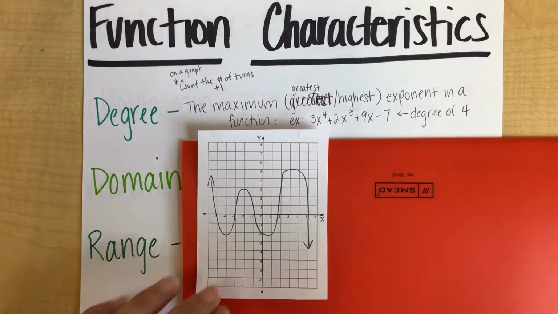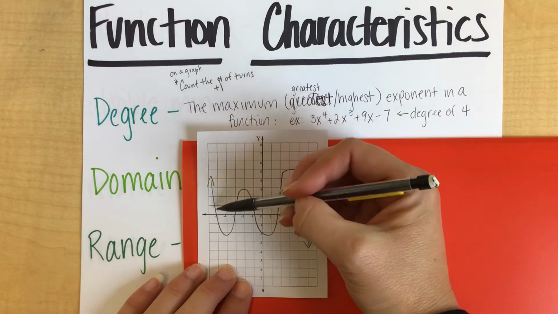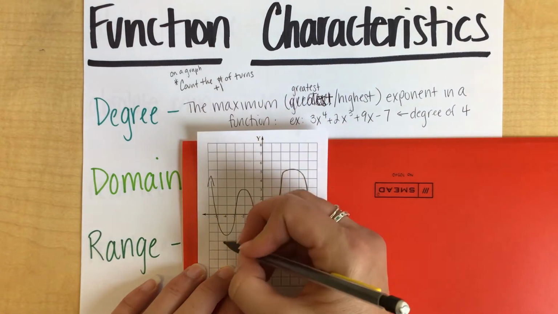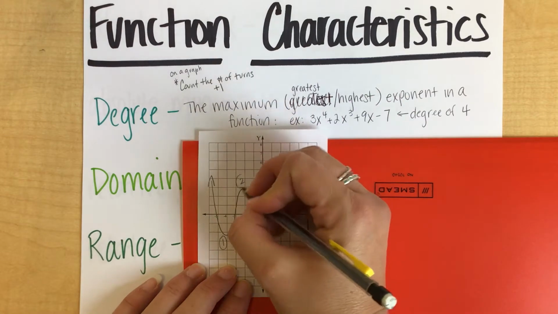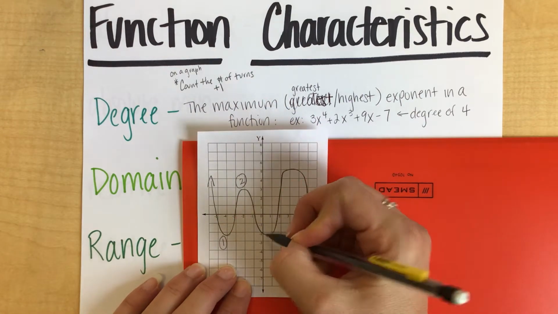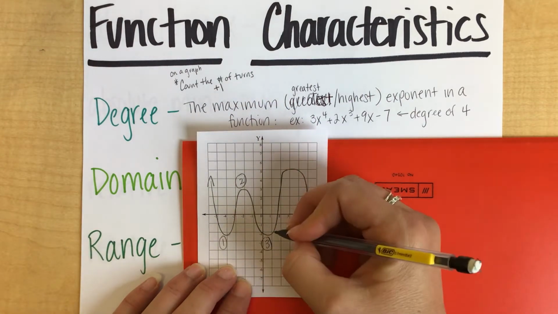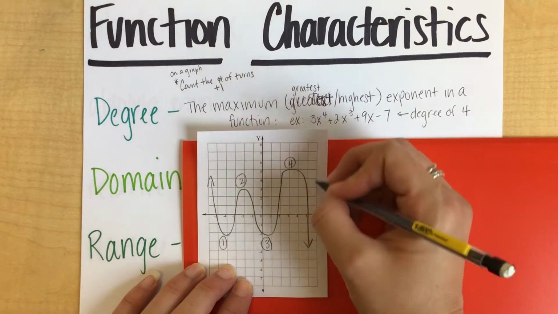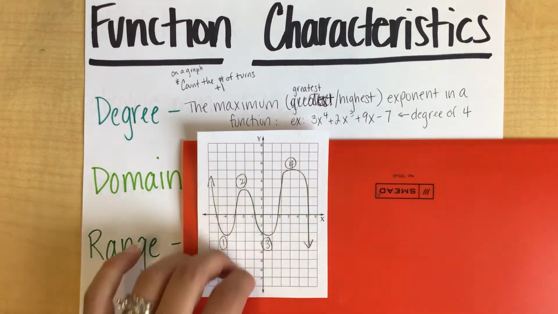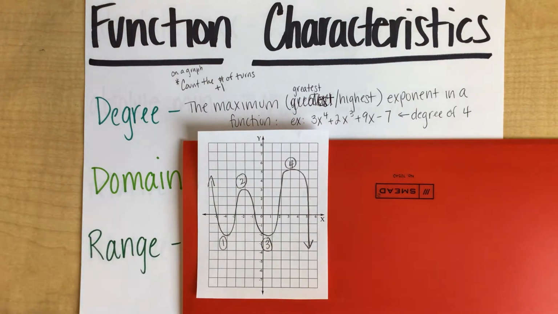So we're going to start on the left. Our function is going down, and then here it turns. So there's 1 turn. And then it goes up, turns again here. There's 2. Goes down, that's 3. Comes up, there's 4. And then it keeps on going down. So we have 4 different turns in this function.